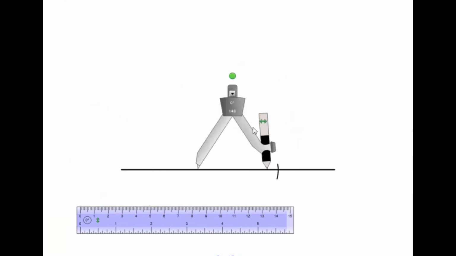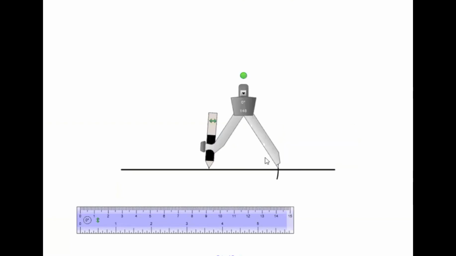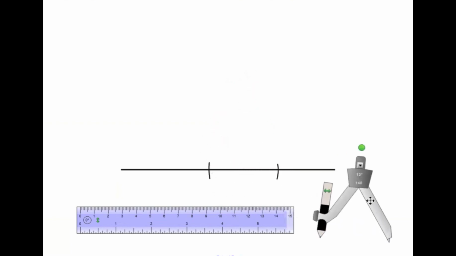So we come to where we mark off here, and we draw another arc here. The gap between these two arcs is now 5 centimeters because this compass is extended to a radius of 5 centimeters. Okay.